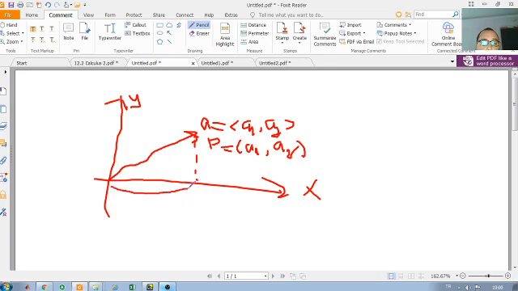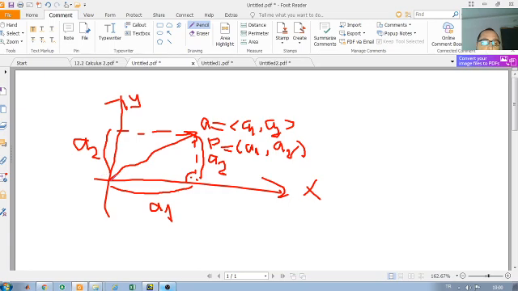You know, the distance from the origin to here is A1, and the corresponding point on the y-axis is A2, which is the distance from the origin to the corresponding point on the y-axis. And actually we have the same length for the vertical line here, A2, and we have a right triangle from here.